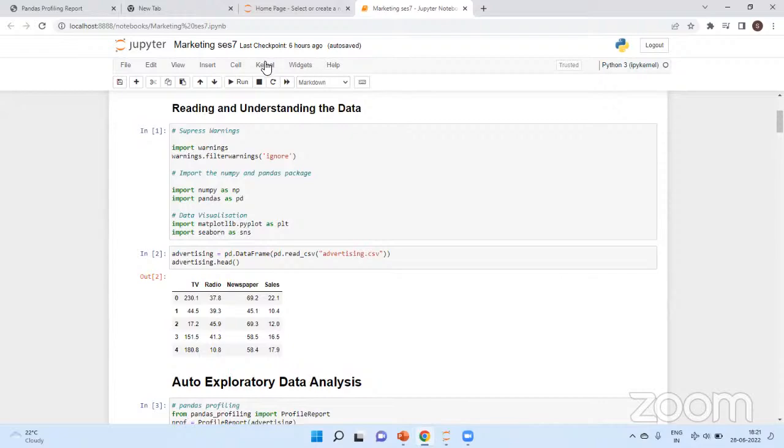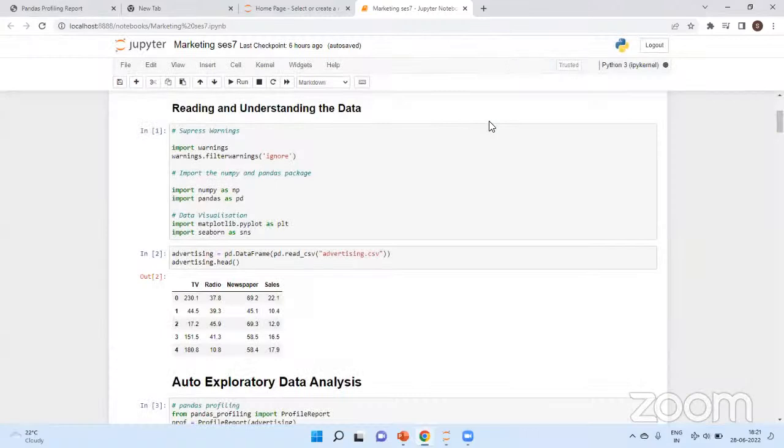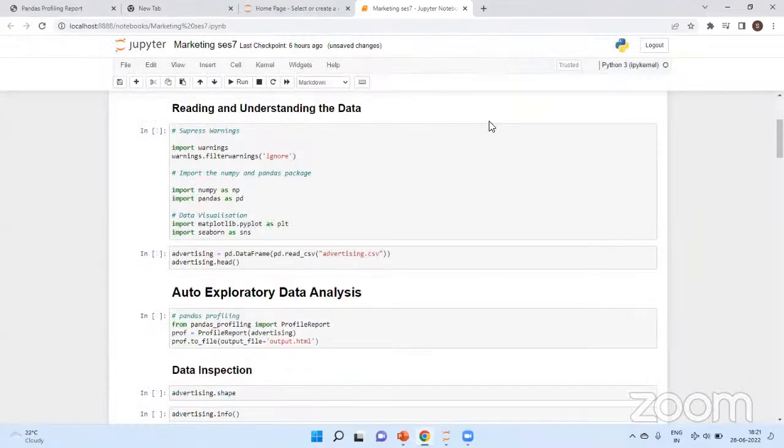Let us rerun this. First of all, I'm importing warnings, because while executing this code I may get some warnings that I just want to ignore.